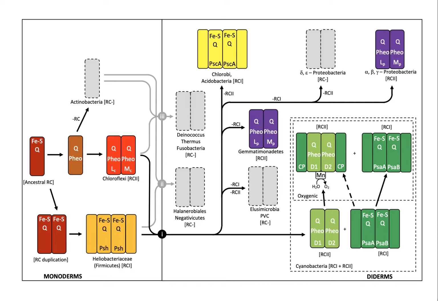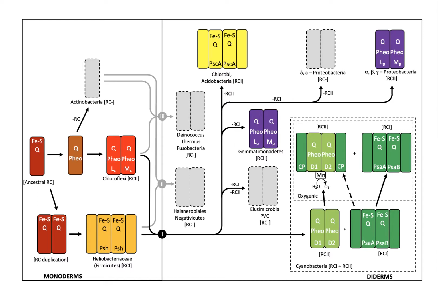To lead to the other major groups within the diderms, the first thing that happens is you get a loss of both centers, and this leads into the Elusimicrobia and PVC groups, where they have no photosynthetic members. If only the reaction center 1 is lost, then that leads to the Gemmatimonadetes.